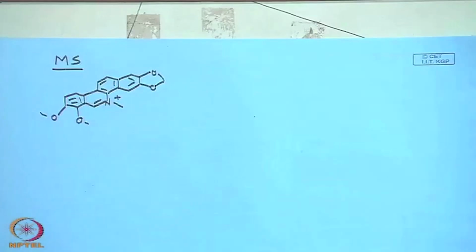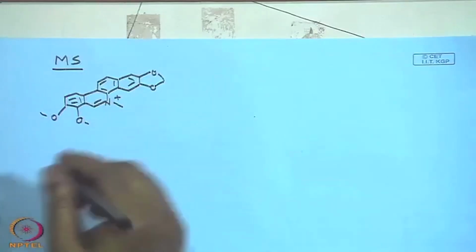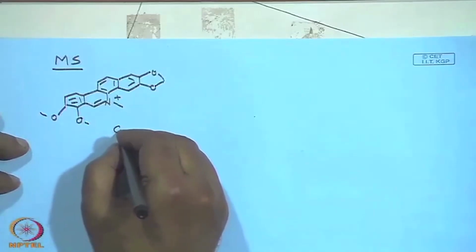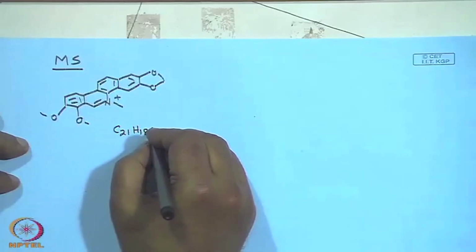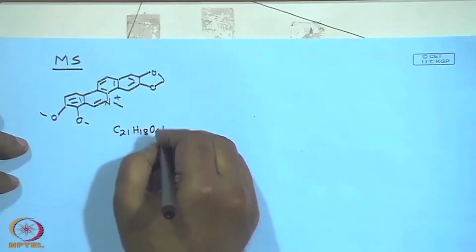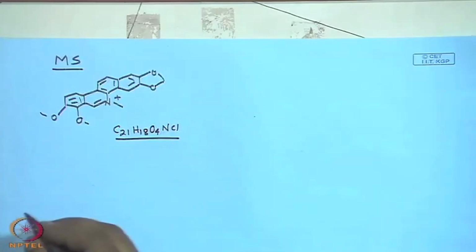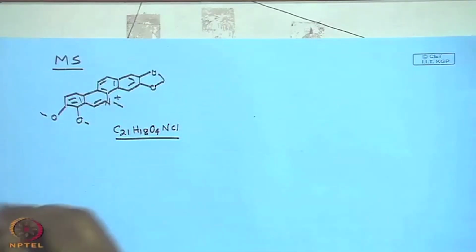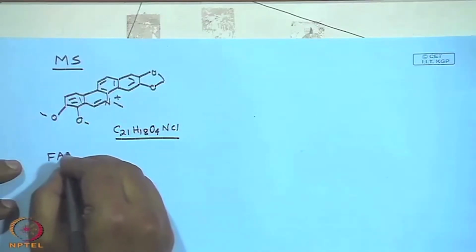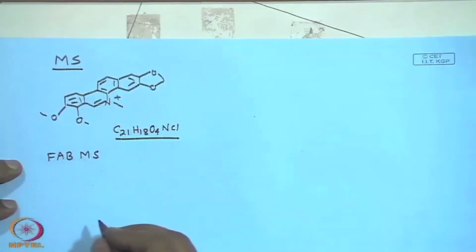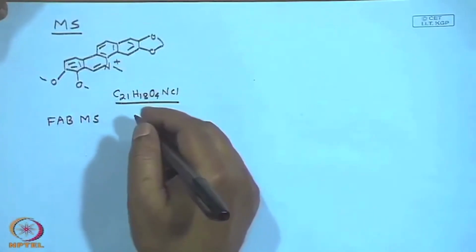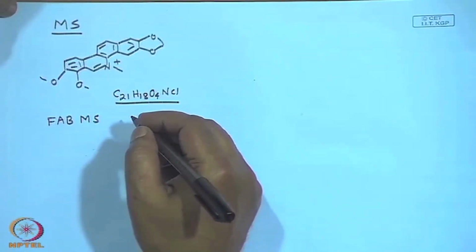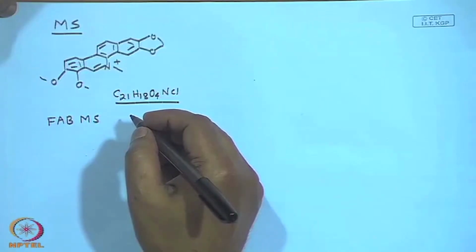The molecular formula from mass spec analysis is found to be C21O4 nitrogen and C. So, what do you see here, you just have a single nitrogen, but if you record the FAB mass, right? FAB mass is no longer used these days. It is not very popular after the advent of ESI mass. You have to know this terminology.